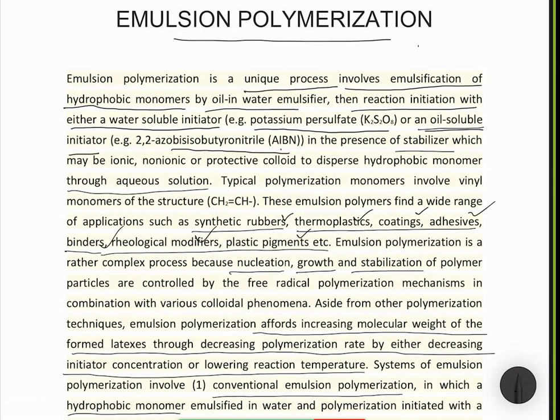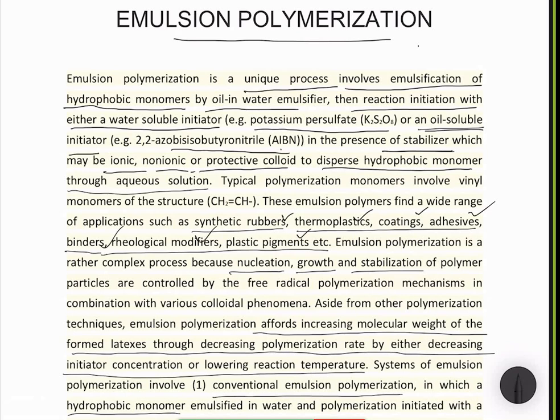And in all this, these are being stabilized in an emulsion with the help of either ionic or non-ionic stabilizers, and these non-ionic stabilizers are often called protective colloids, and these basically aid the dispersion of this hydrophobic monomer in the aqueous medium.